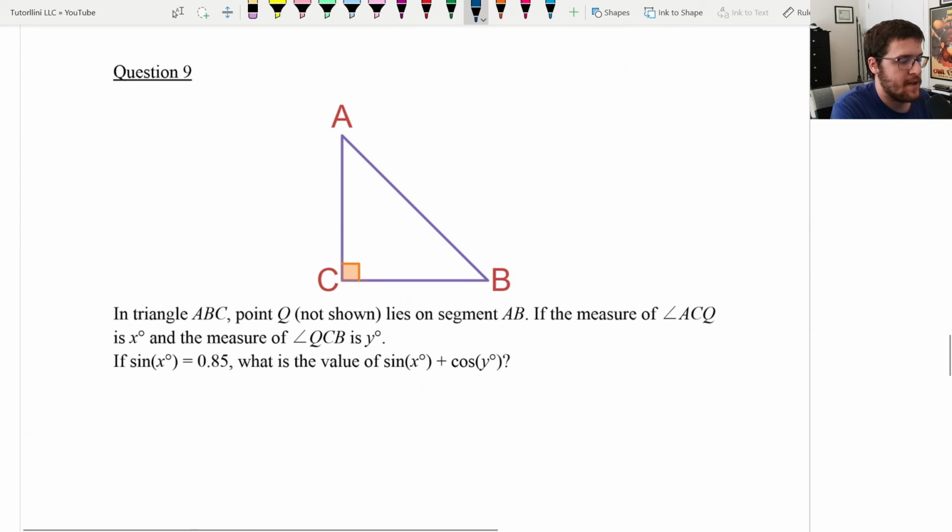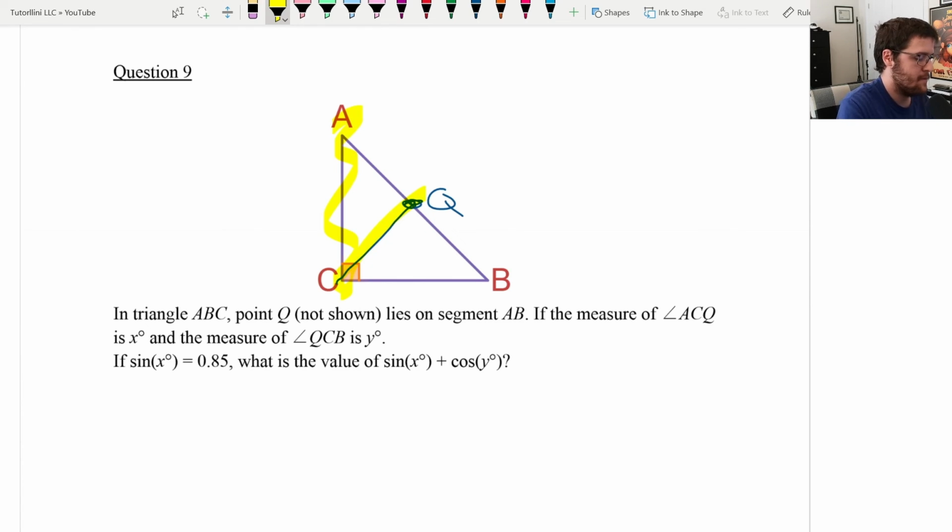Okay, so for this one, same kind of deal. I'm going to draw a point, label it Q. ACQ, that is X. And then QCB, that is Y. And it says sine of x equals 0.85.